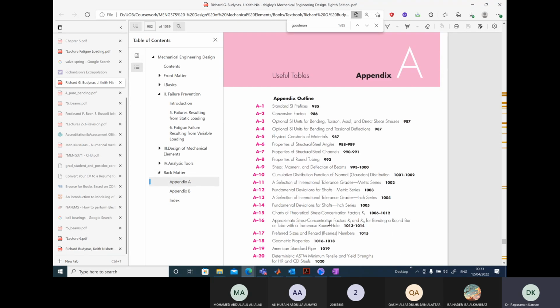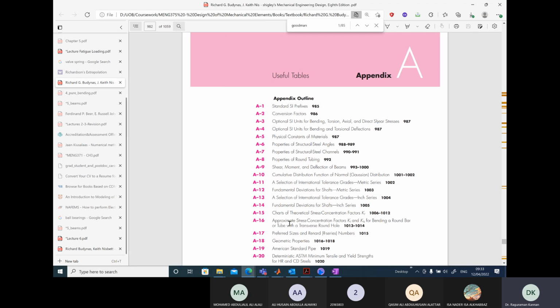Okay, so what is A16? You can see for bending of a round bar or a tube. So this is the table which has to be used, a hollow tube with a transverse round hole, exactly the same kind of problem we are solving.